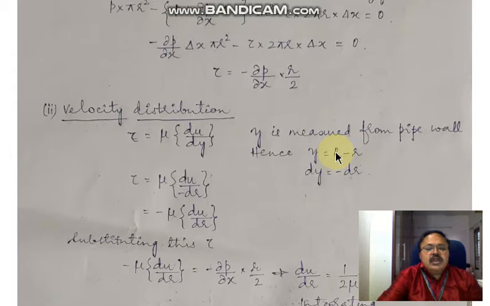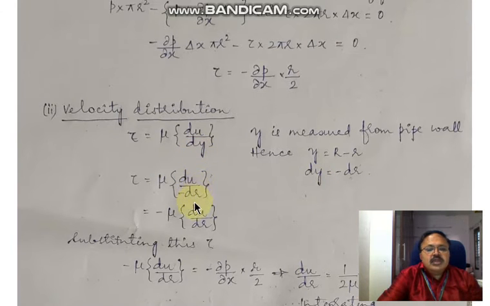Since the radius of the pipe is constant, but the radius of the fluid element, small r, will be changing, differentiating this we get minus dr here.